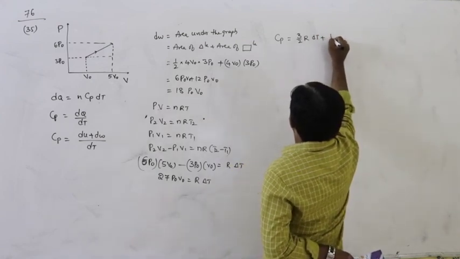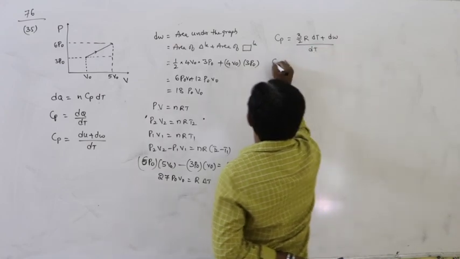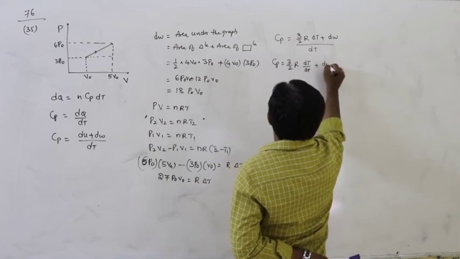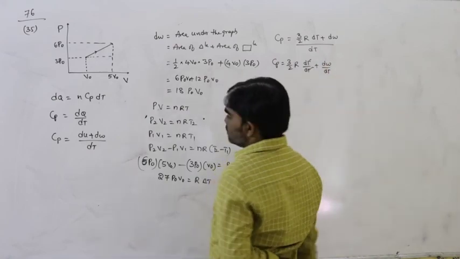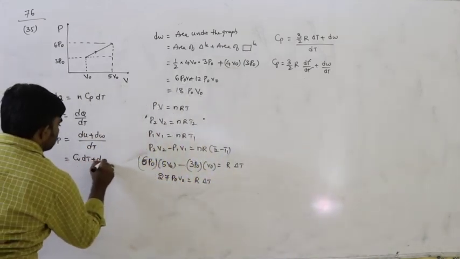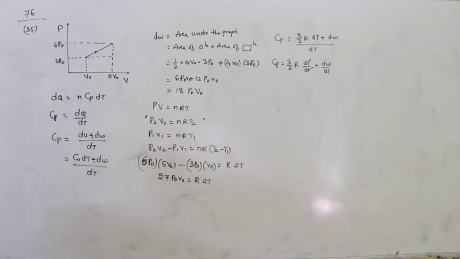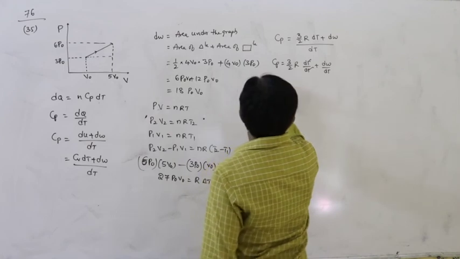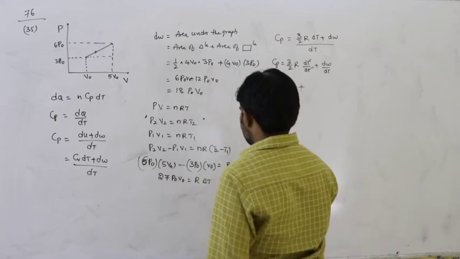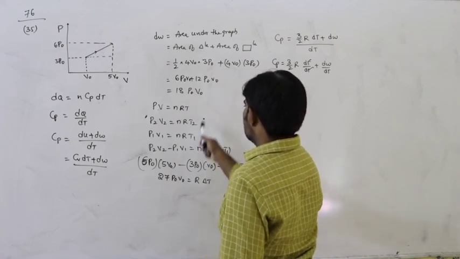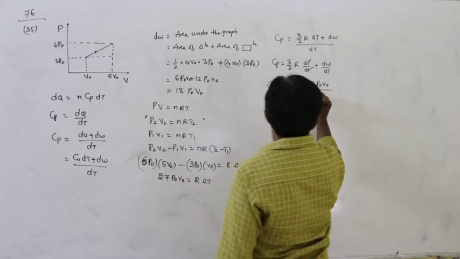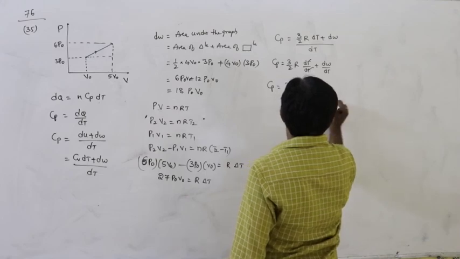So C is equal to 3 by 2 R dT by dT plus dW by dT, that is 3 by 2 R plus dW by dT. dW is 18 P naught V naught, divided by delta T, which is 27 P naught V naught by R.